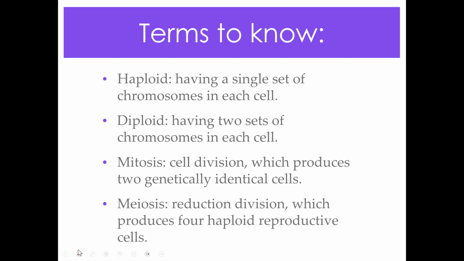And meiosis is when you have division of cells, which produce haploid cells. We'll go into a little more detail on that one because it's slightly more complicated than mitosis.